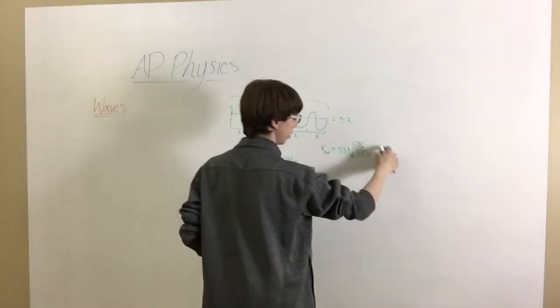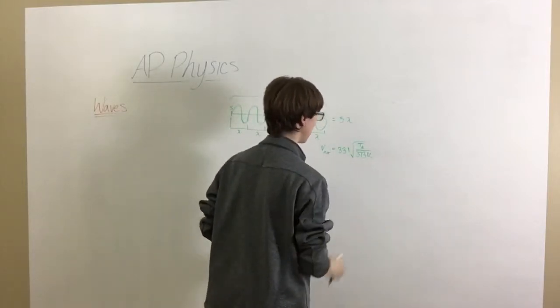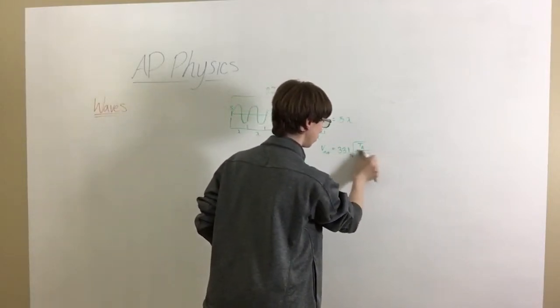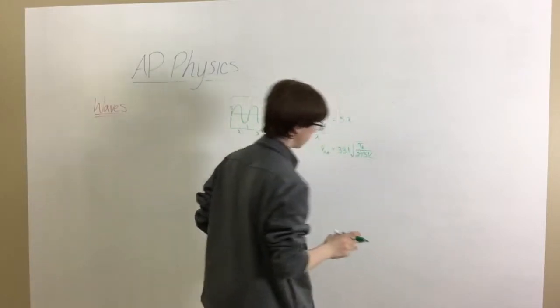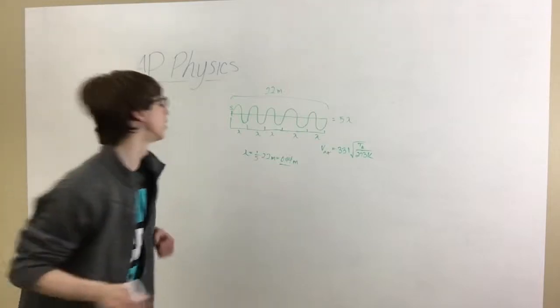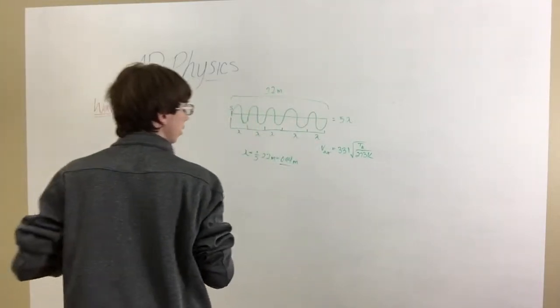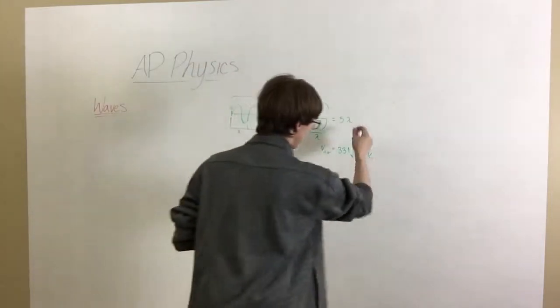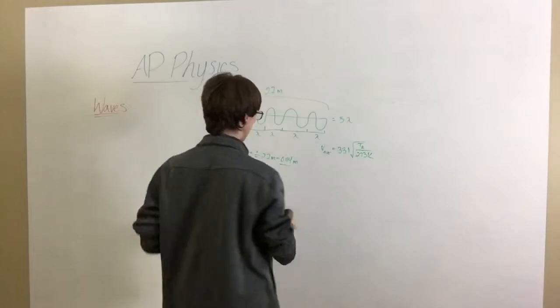So it's just the ratio of this over 0 degrees Celsius. Or it's just the temperature in Celsius plus 273 divided by 273. That's it.